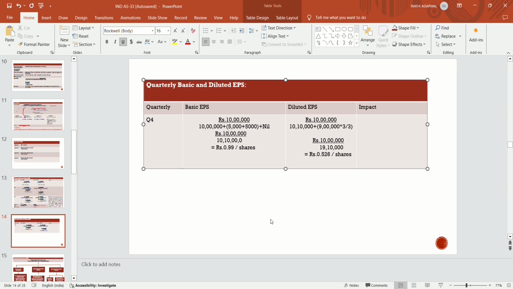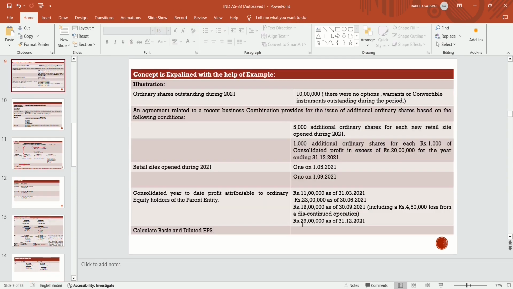In case of diluted EPS, 10 lakhs divided by 10 lakh 10,000, that is the shares related to basic EPS, plus 9 lakh because earning contingencies in excess of 20 lakhs in quarter 4 is 9 lakh shares. Number of shares, because the profits are 29 lakhs, and in excess of 20 lakhs, that is 9 lakhs.